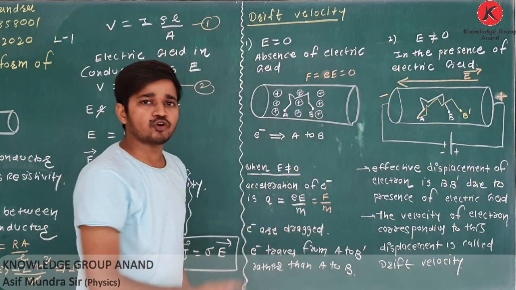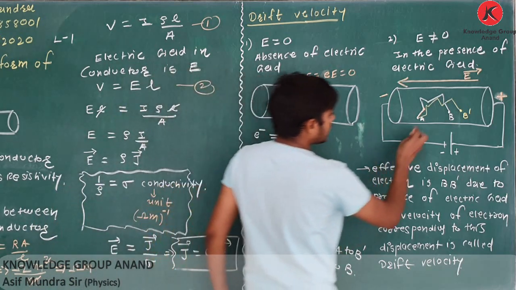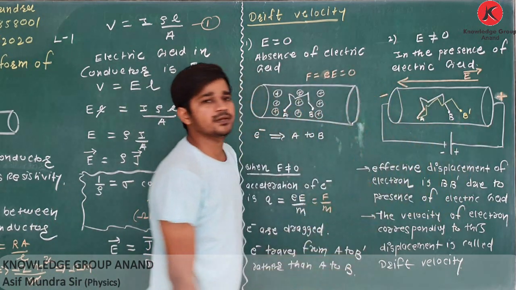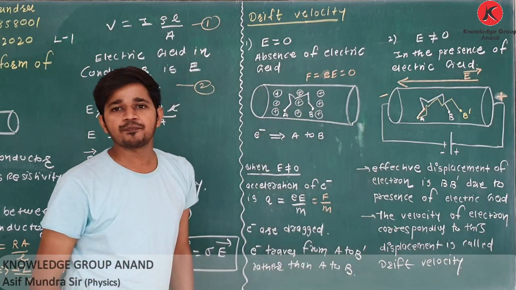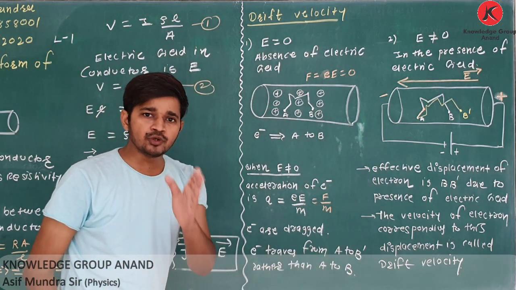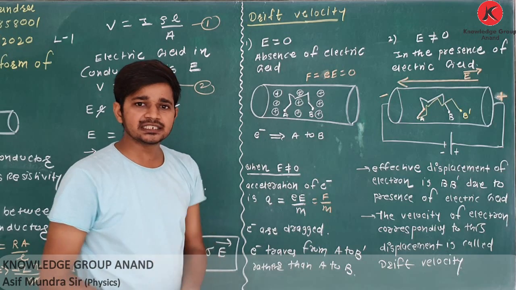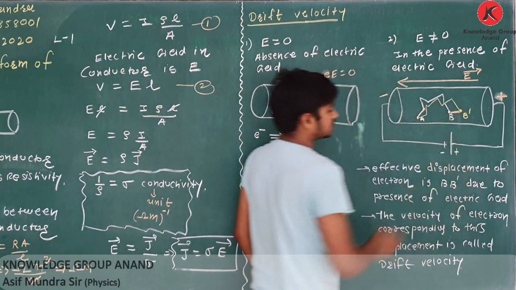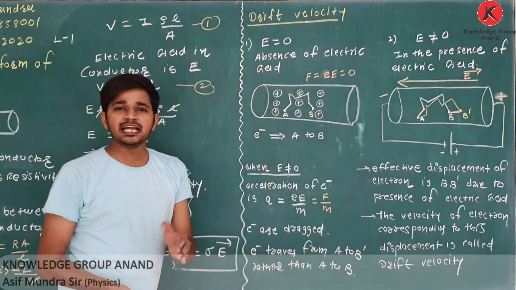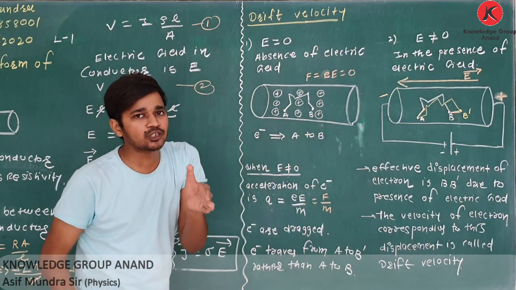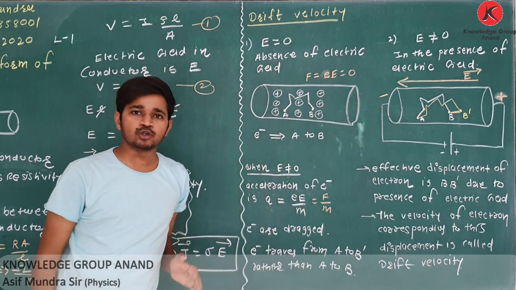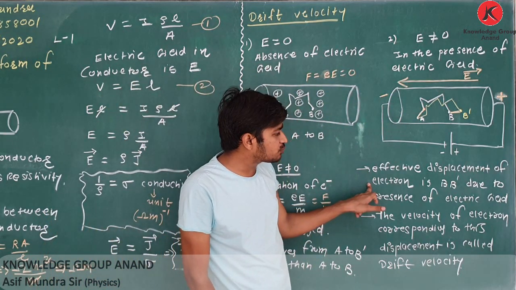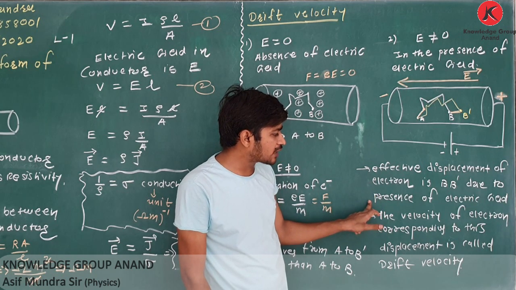And due to this force, electrons are dragged from A to B dash instead of A to B. Simple. Due to electric field, there is net displacement of the electron from B to B dash. Electrons are more displaced due to electric field. So the effective displacement of the electron is BB dash due to the presence of electric field.